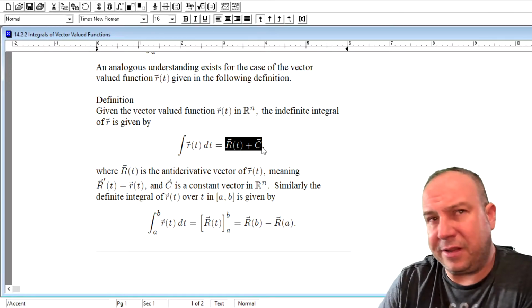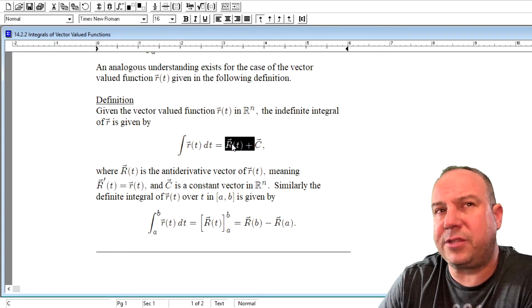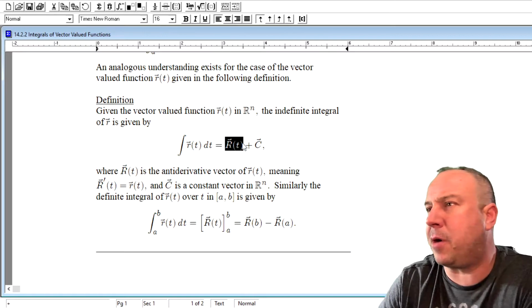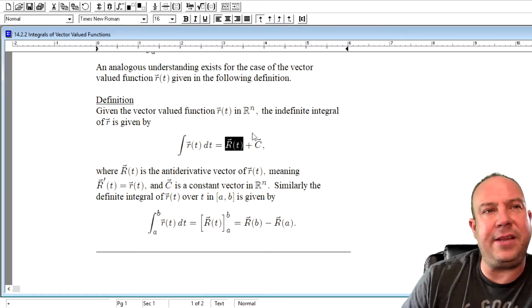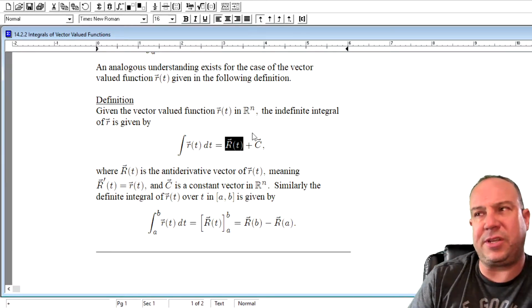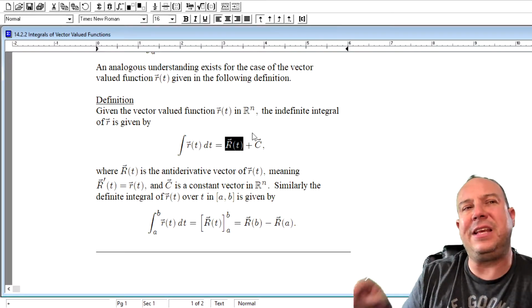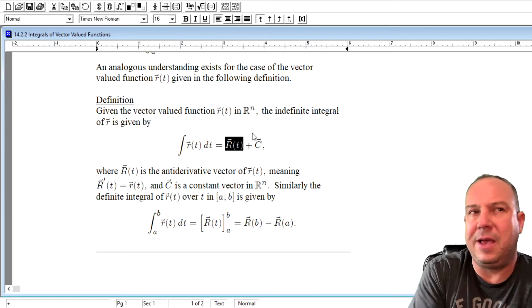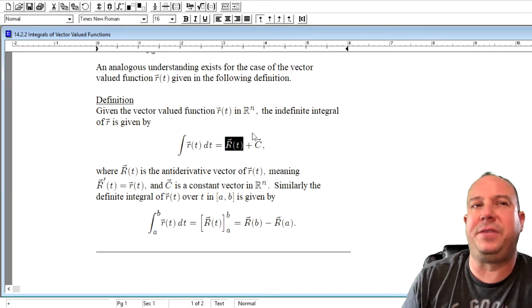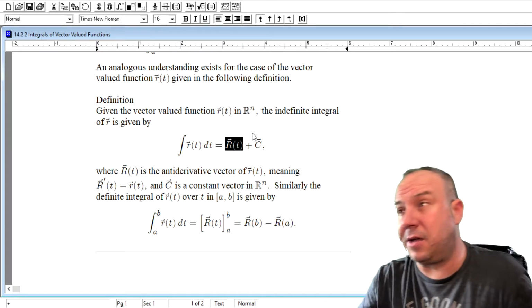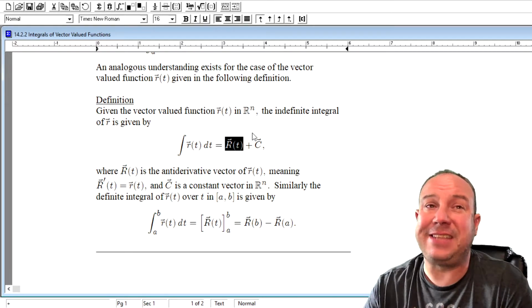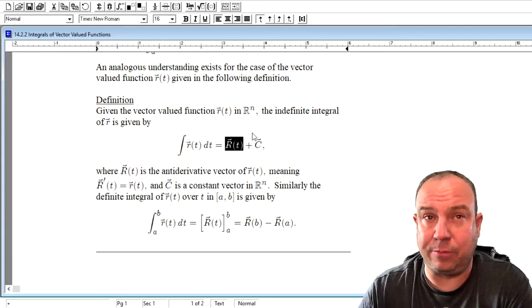There's some uniqueness to that family of solutions. First of all, it's going to involve capital R bar of t, where, a lot like with the Calc 1 idea, we are saying this is going to produce another function of t that is related to little r bar of t as its antiderivative.